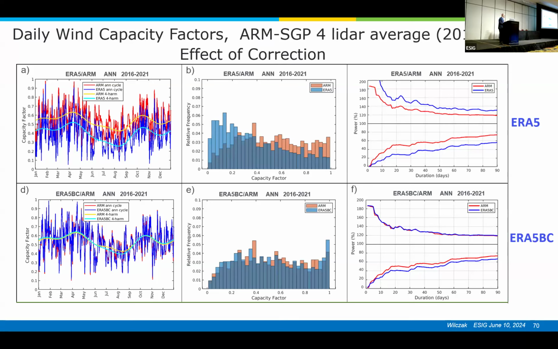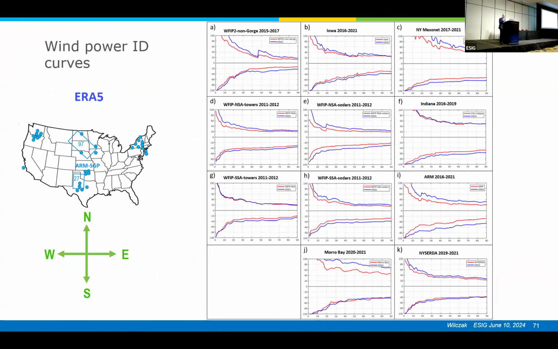After bias correction, although not perfect, you do much better. And if you look at the distribution of this across the entire US, again, it's a very similar story. Each of these panels is groupings of these different sensors shown in the map here. And again, the errors in the ERA5 are pretty obvious there.